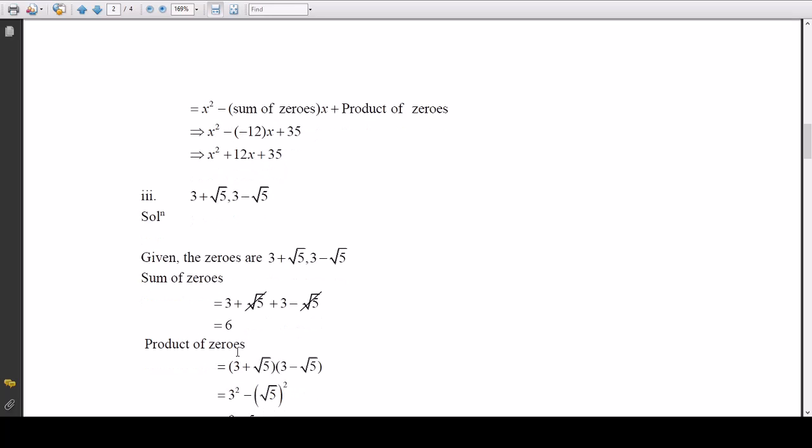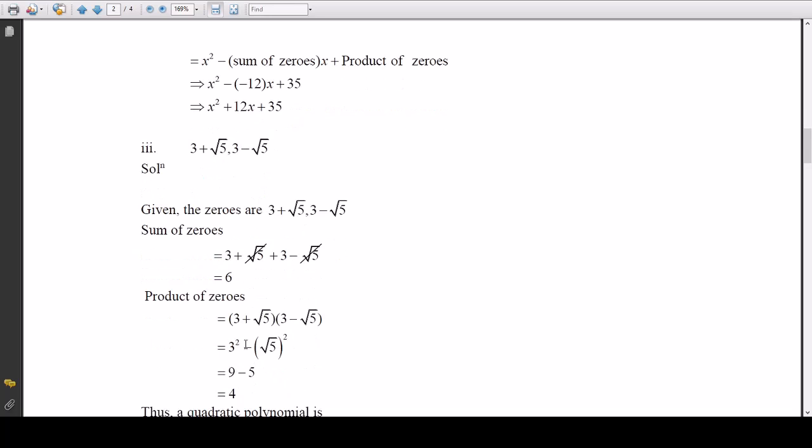Now let us find the product. 3 plus root 5 multiplied by 3 minus root 5. Just by looking at this, which identity is it? A plus b, a minus b. What is a? A is 3, b is root 5. The identity is a square minus b square, that is 3 square minus root 5 square. 3 square is 9, root 5 square is 5 only.